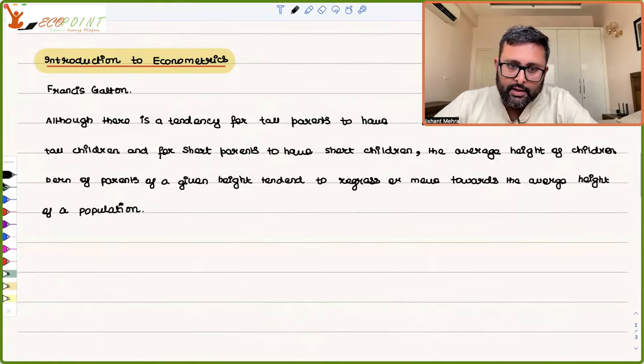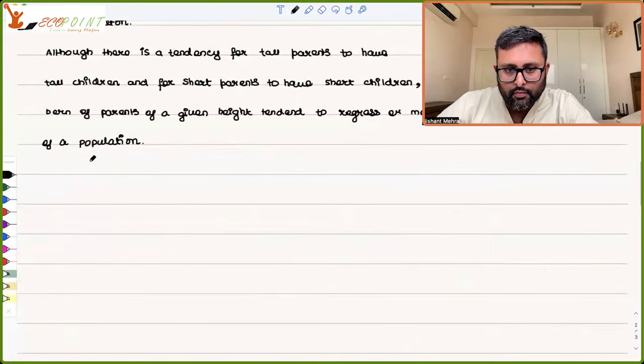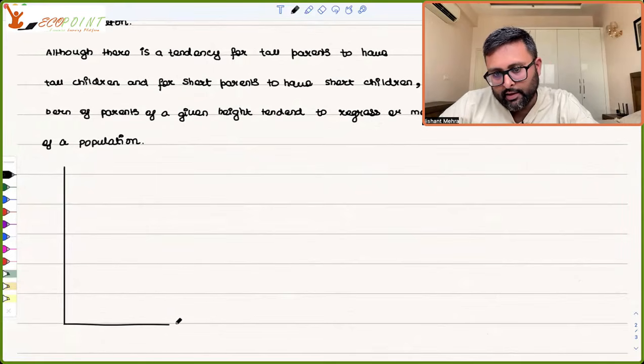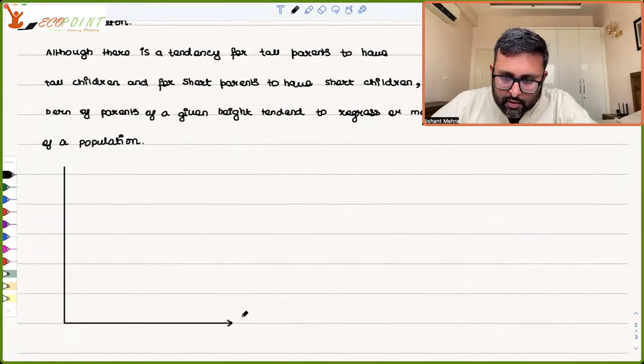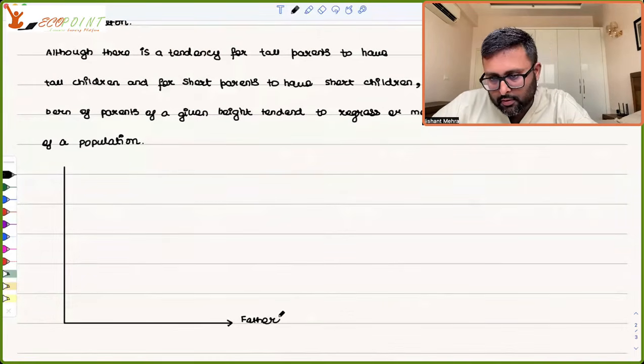What we are interested in, what we are saying here is this. Here you have fathers' heights. So there are different fathers in a population.